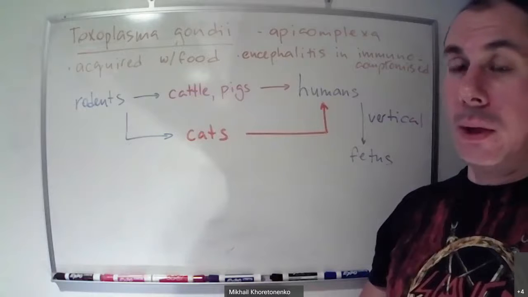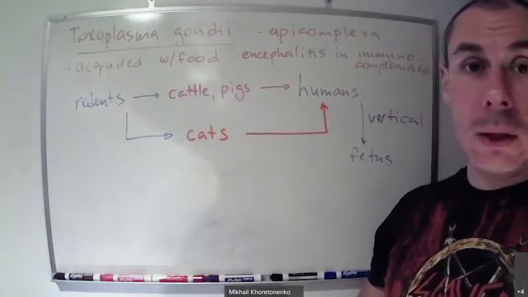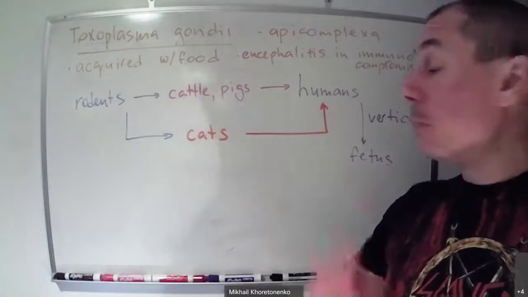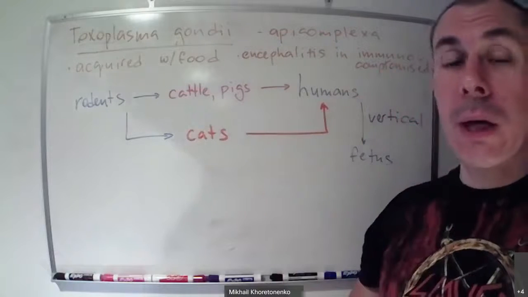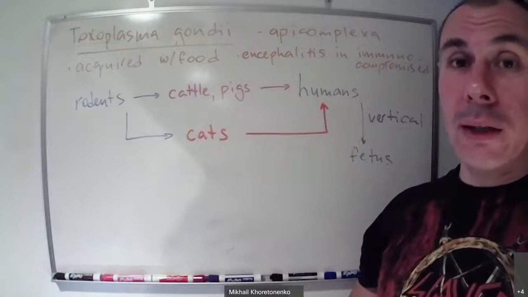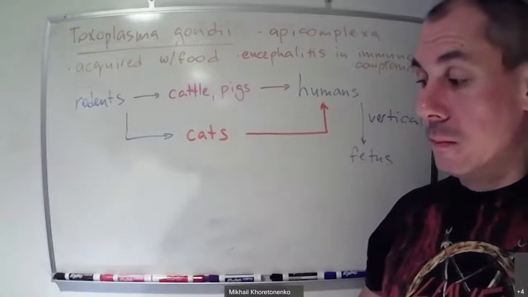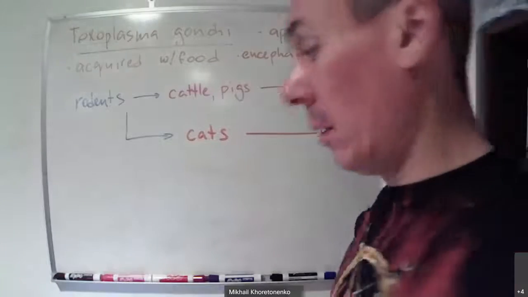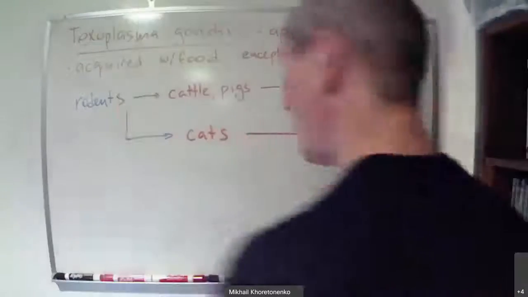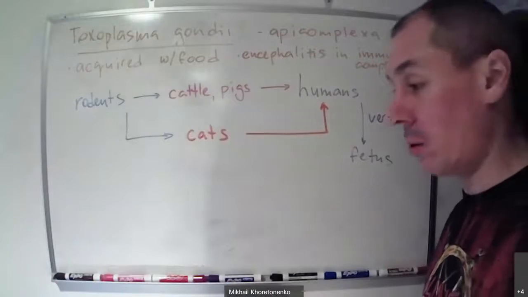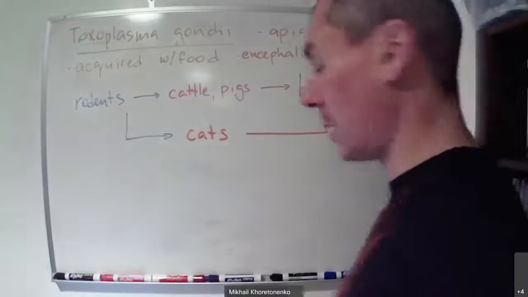Now, I mentioned that it's one of, if not the most, successful parasites in the world. Why? Estimates put the number of people infected at about half of the world population, which is a lot. Okay? Those are really far-reaching estimates, but still, we're talking about billions of people being infected with Toxoplasma. That makes sense?